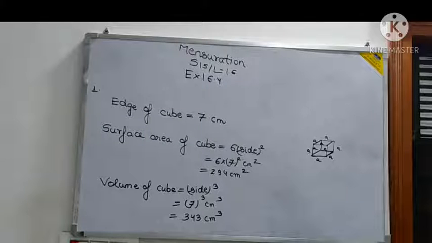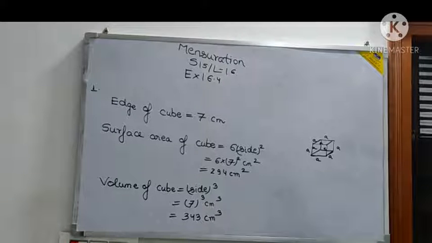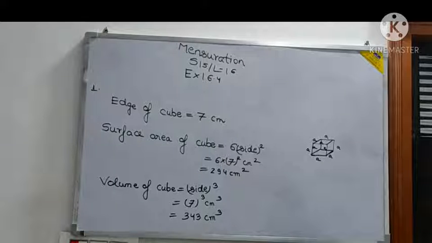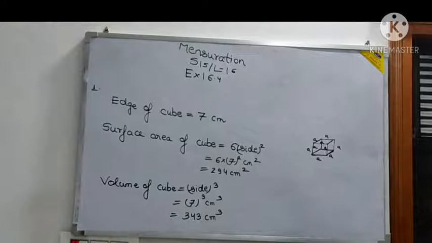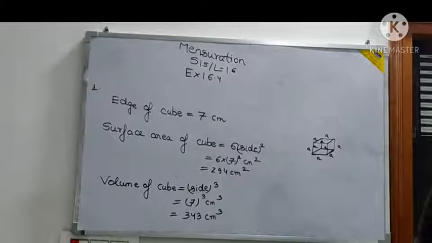Still some chapters are remaining. Let's have a look at which chapters are remaining. After this mensuration, we'll finish this very fast. Then the chapters remaining are trigonometry and coordinate geometry. Statistics we have already done.